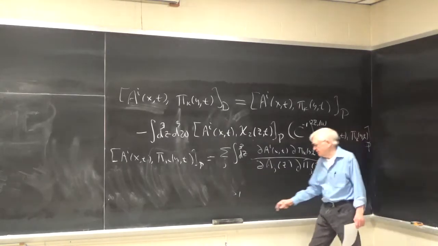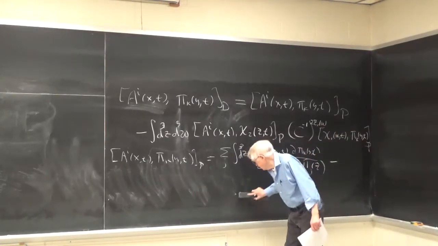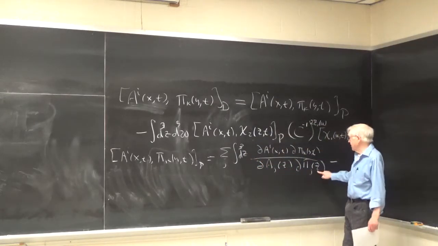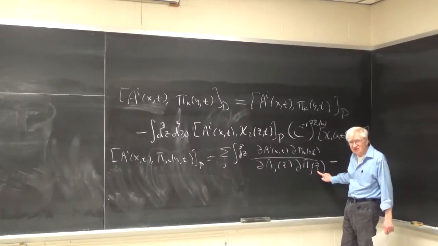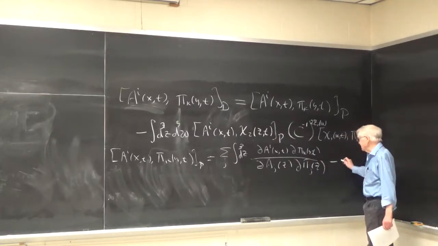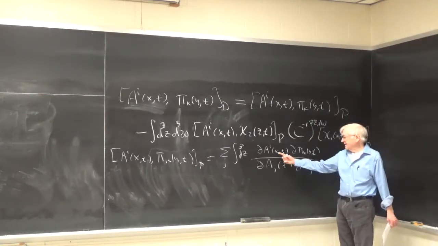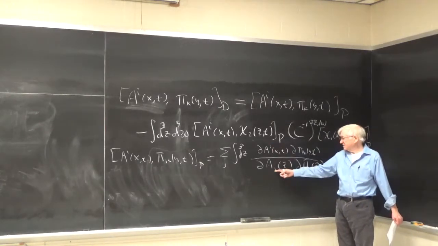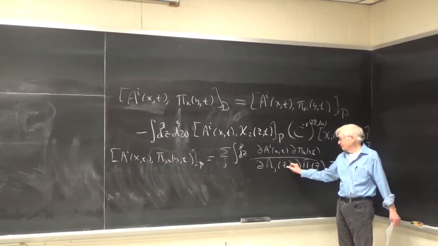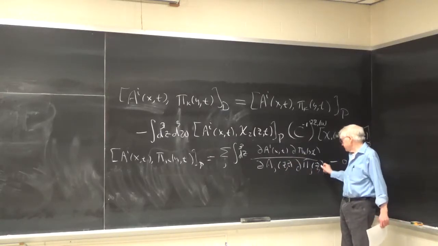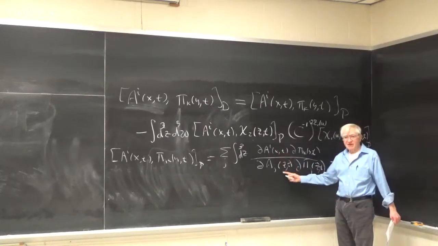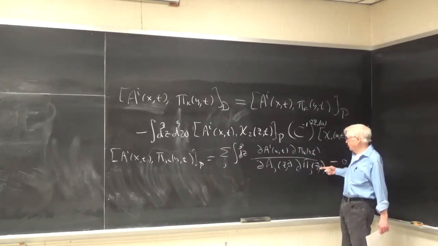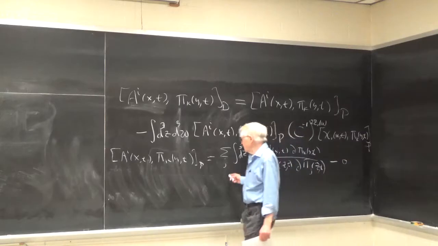But in the other term, we've got a pi here and an A there, so that vanishes. So it's minus 0. On the other hand, this first term is just Kronecker delta ij and delta cubed of x minus z. Over here, it's Kronecker delta kj and delta cubed y minus z, and we're summing over j.